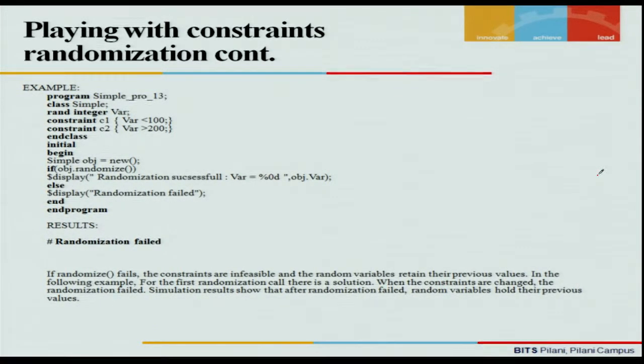If the simulator is not able to randomize that value, it will show that randomization failed. If randomization failed, the constraints are infeasible and the random variables retain their previous values. In the following example, for the first randomization call, there is a solution. When the constraints are changed, the randomization failed. Simulation results show that after randomization, the random variables hold their previous values.